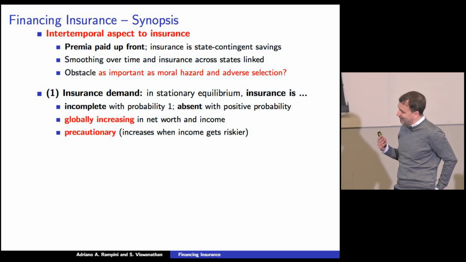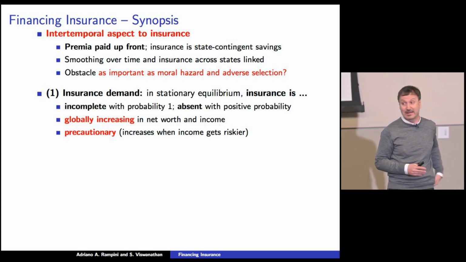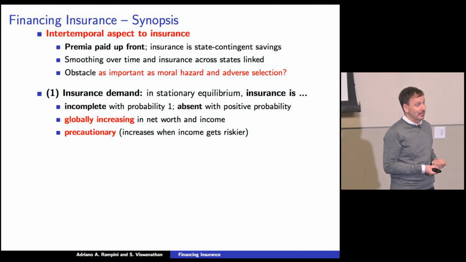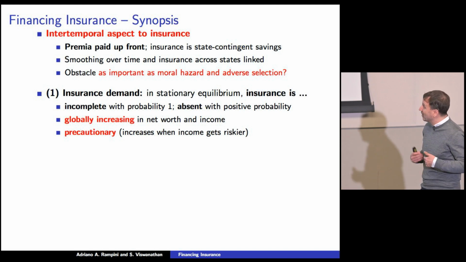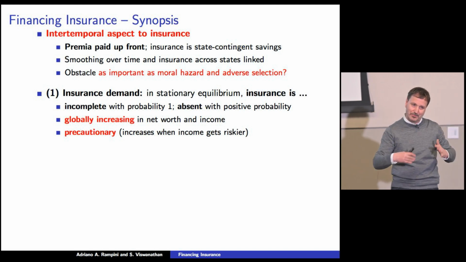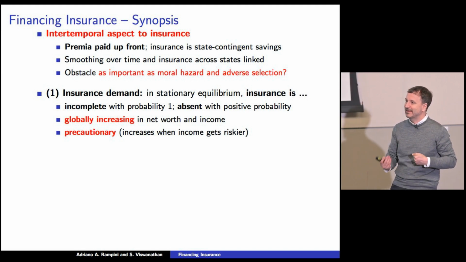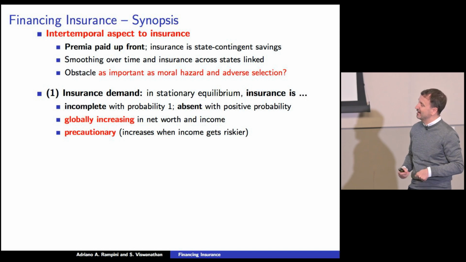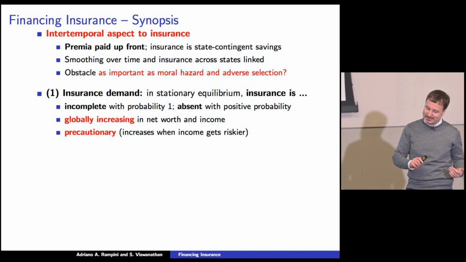We're going to show that in a stationary equilibrium, insurance is incomplete with probability 1, meaning nobody's fully insured. It's absent with positive probability, which means there are some people that don't buy any insurance at all. More importantly, we show that under pretty general conditions, insurance is globally increasing in both net worth and income, meaning richer people are better insured. And it's also precautionary in a sense that I'll make clear. So that's on the insurance demand side.